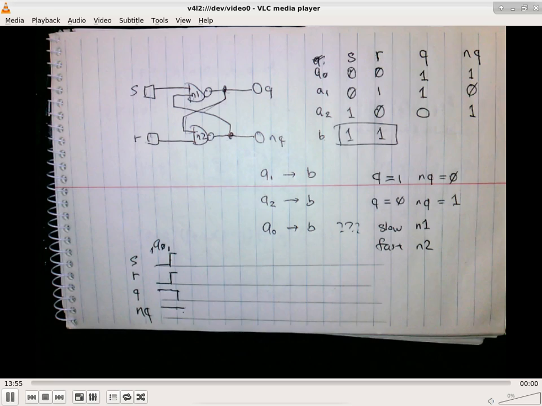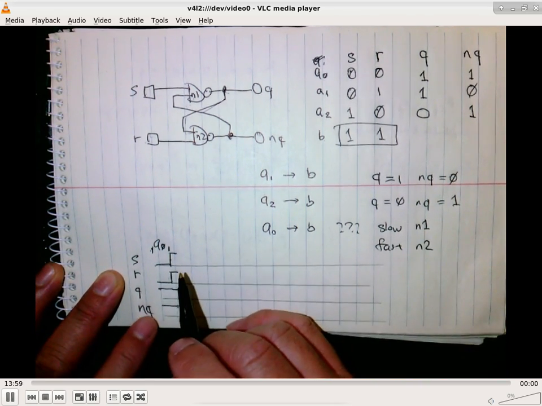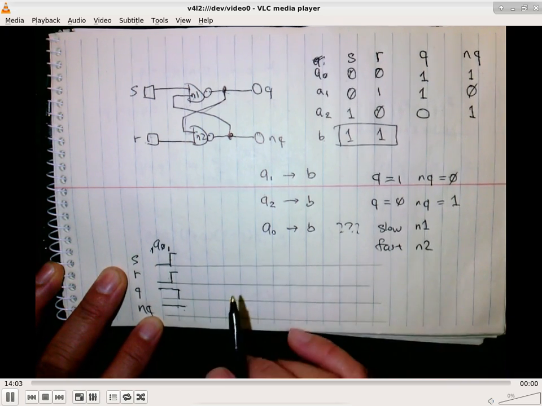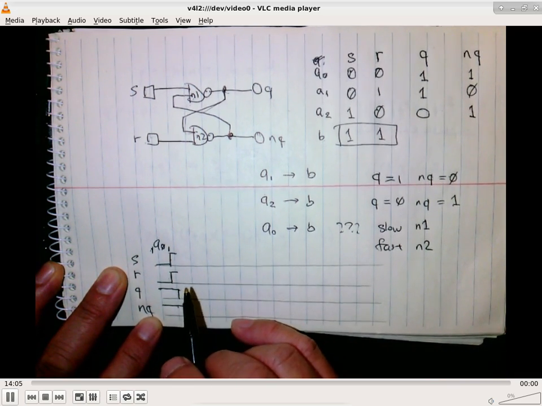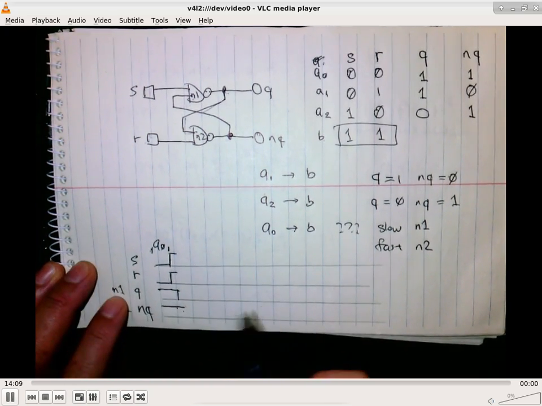Okay, let me see if I can figure this out. So N1 is slow, so that means it's responding to the changes slower. So N1 is this one. Okay, I need to label the output pin so it's easier for me to see which one is which.